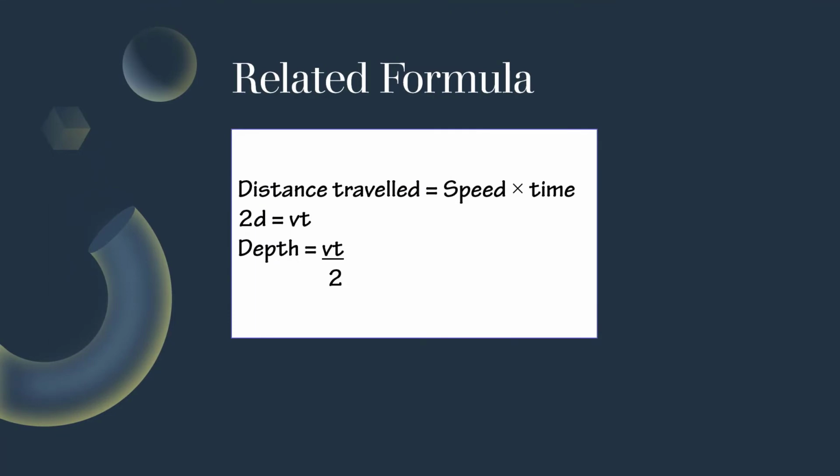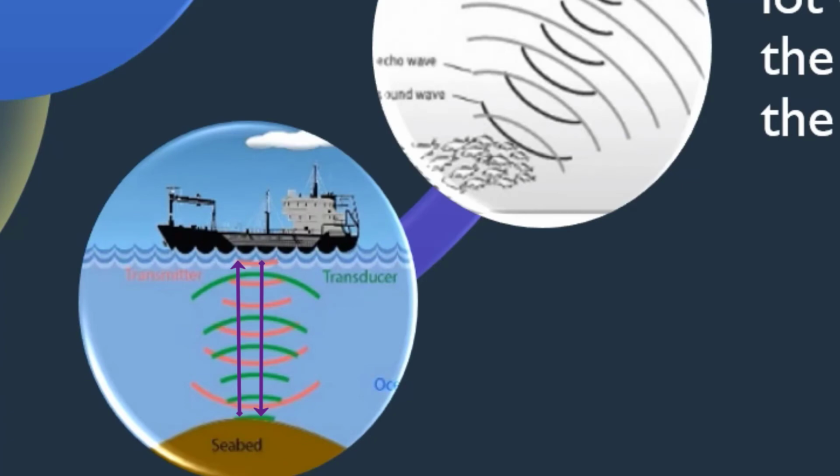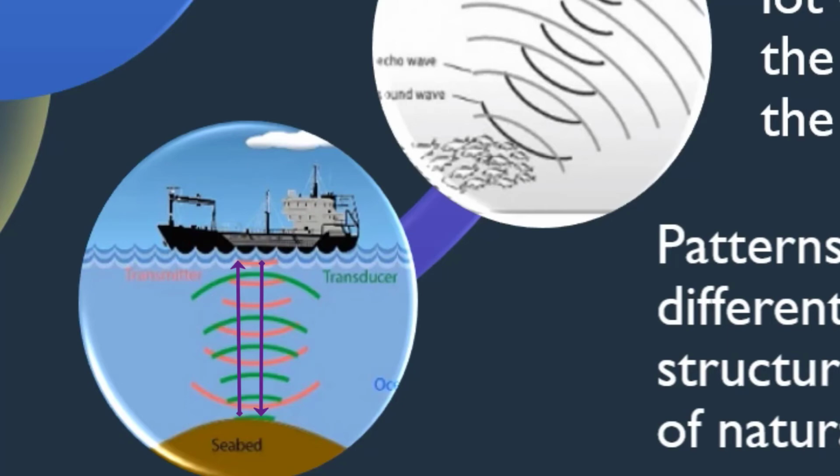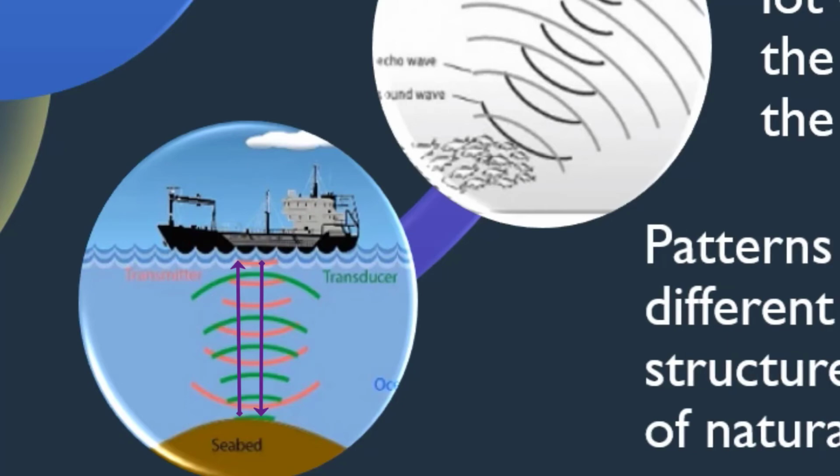For reflection of sound waves, we use the formula depth equals vt over 2, because once the wave is transmitted, it will be received. So the sound wave travels twice the same path.